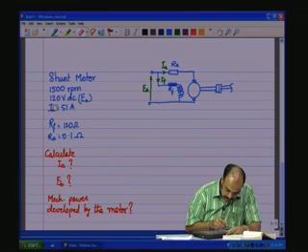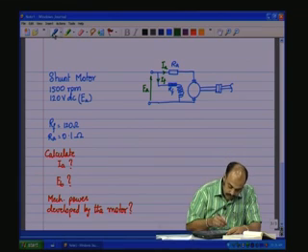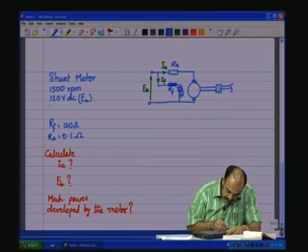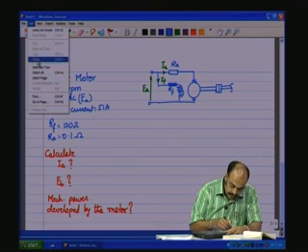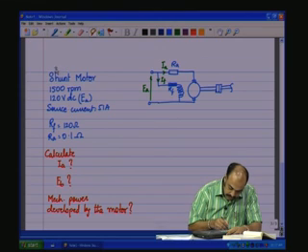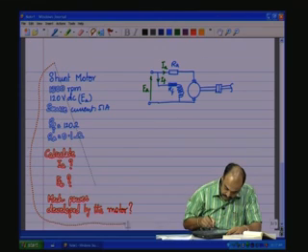let me just make a modification. What we take for the current here is, let us say, the source current is 51 amps. Okay, instead of saying IA is 51 amps, let me take it as the source current as 51 amps.